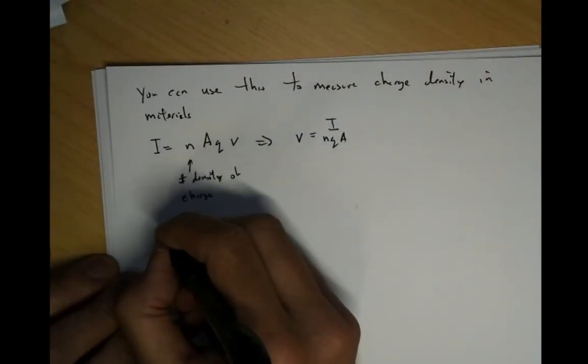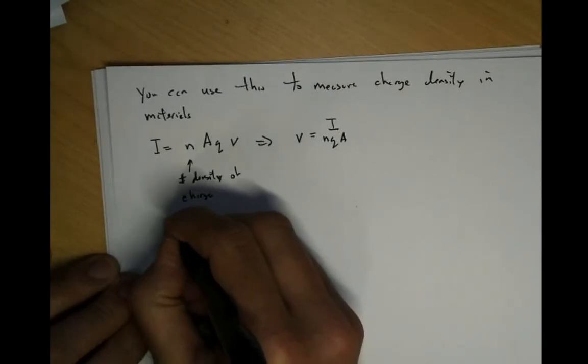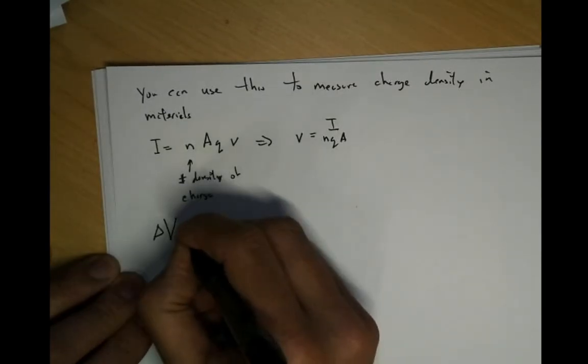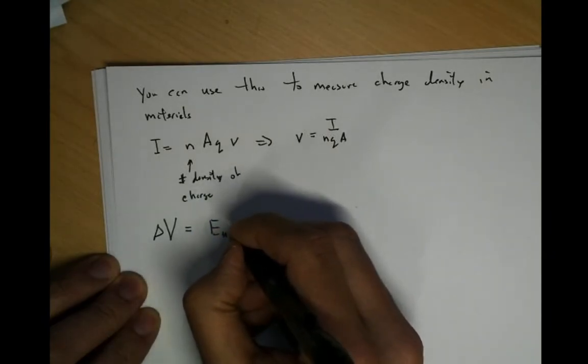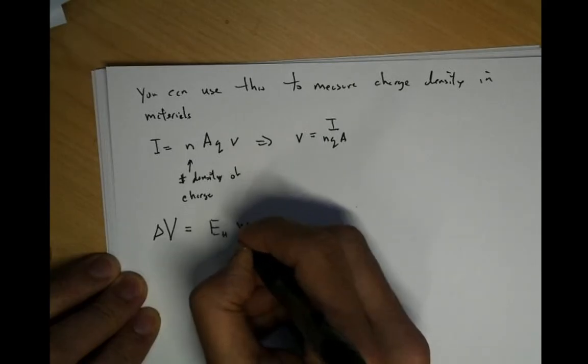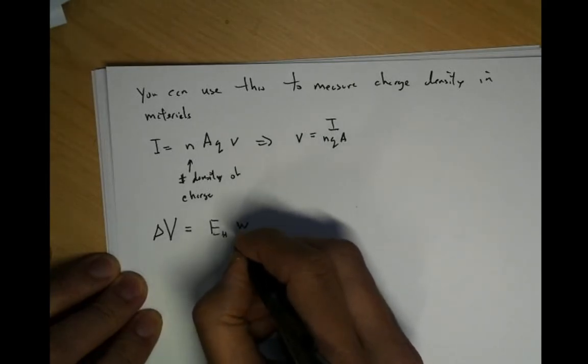Likewise, the potential difference, I'll call it delta capital V, is equal to E_H, the electric Hall field, times W, which is the width of the conductor.